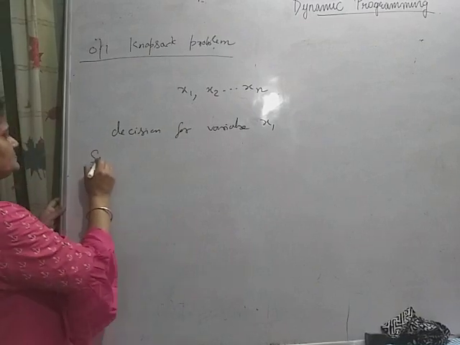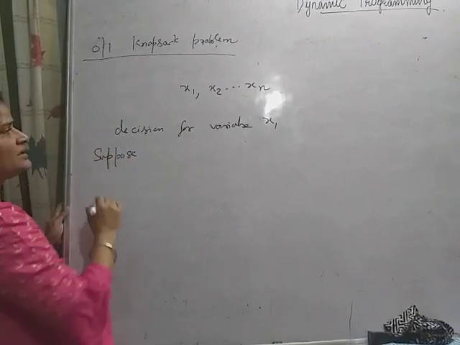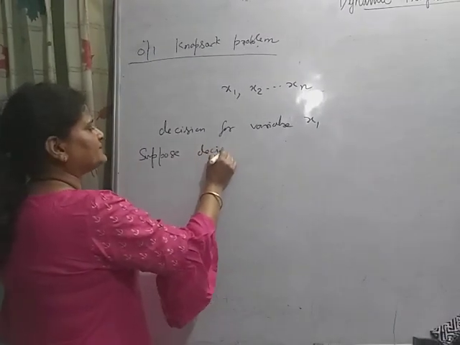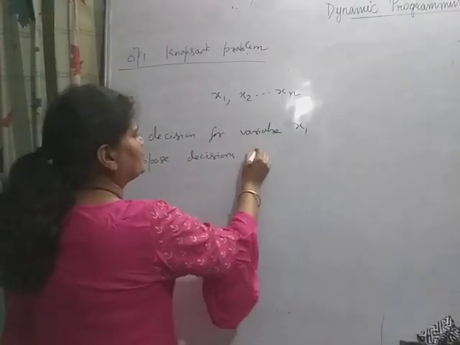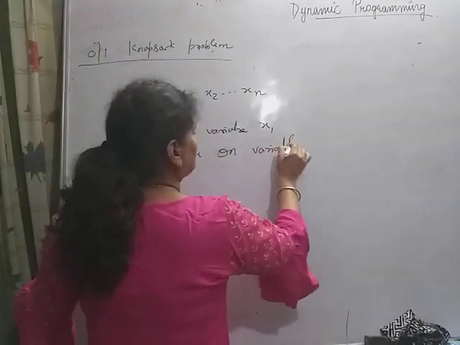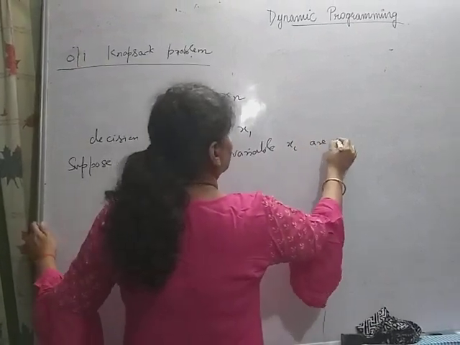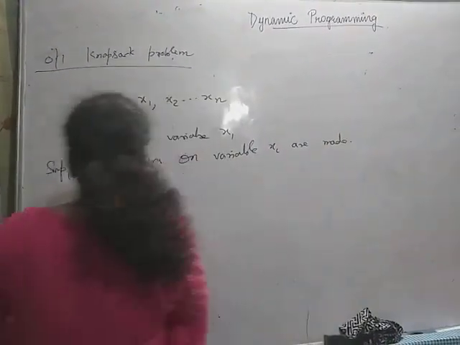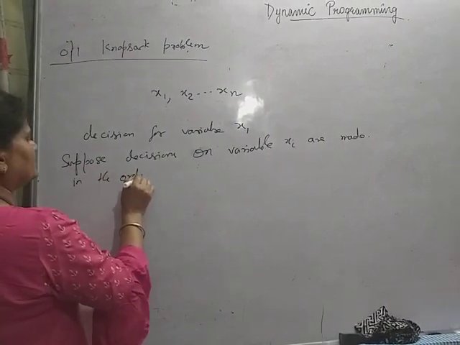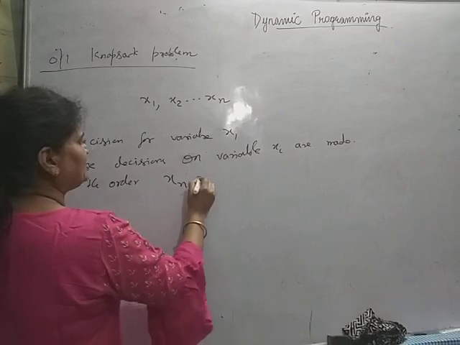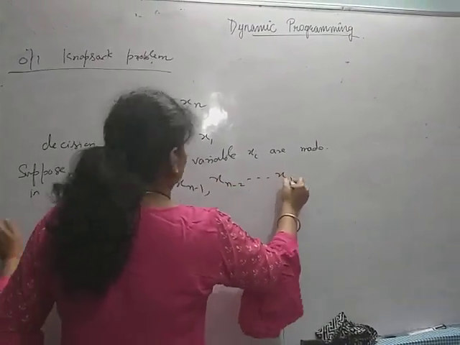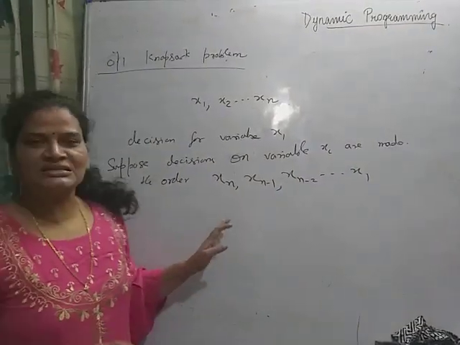Suppose the decisions on variables xi are made in reverse order, like this: xn, xn minus 1, xn minus 2, so on down to x1, simply because this uses a bottom up approach.